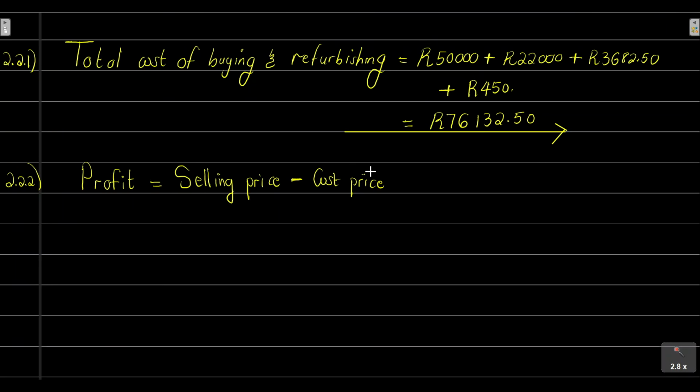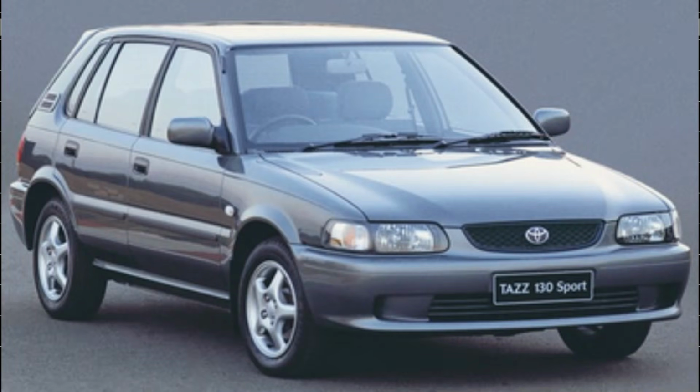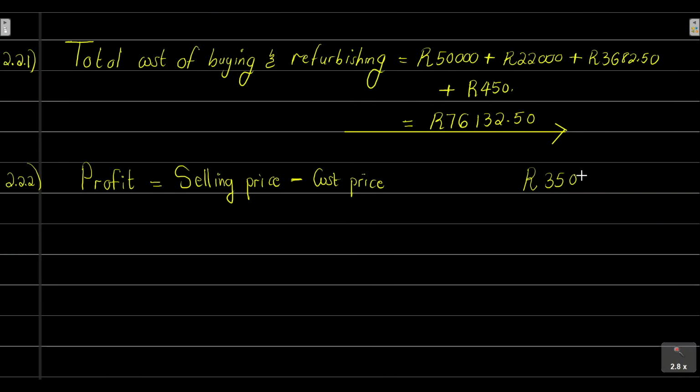So let's say, for example, you own a Taz, and initially you bought that Taz for 35,000. So this is the cost, how much it cost you to own that Taz. Then you decide that you're tired of this Taz and you want another car.